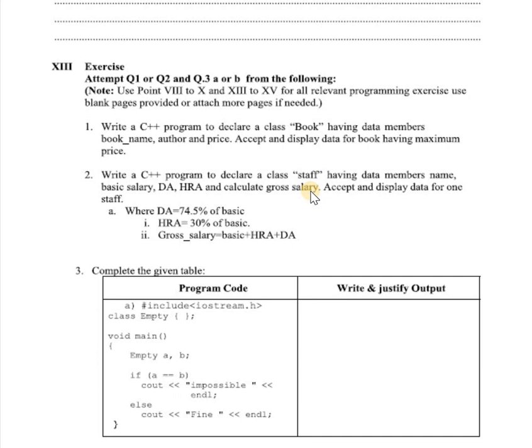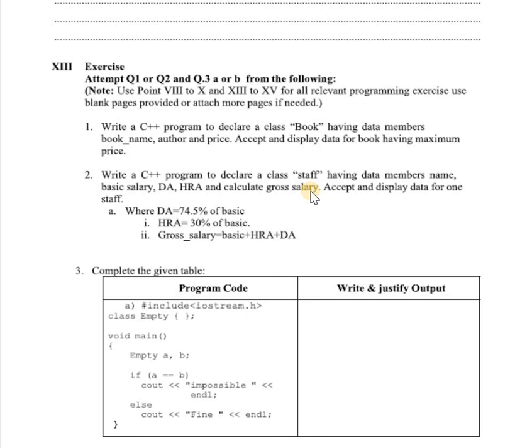In the main function, you create an object of the staff class, S1, and by using that object you call the different methods written in the class, that is s1.getData, s1.calculate, s1.display.